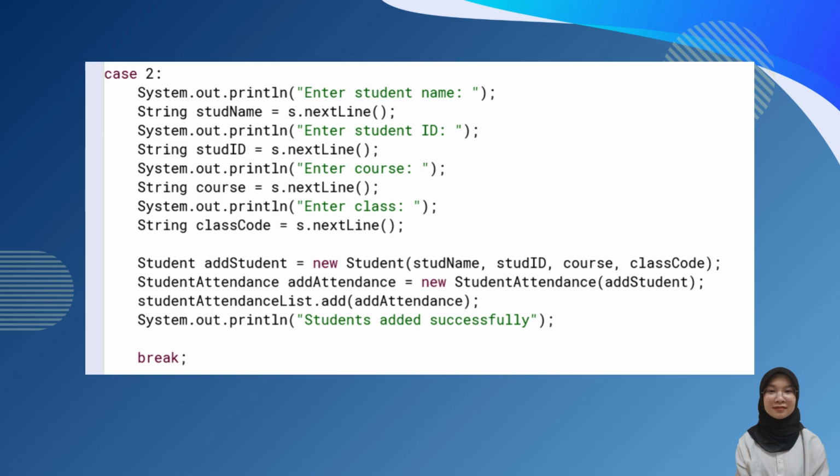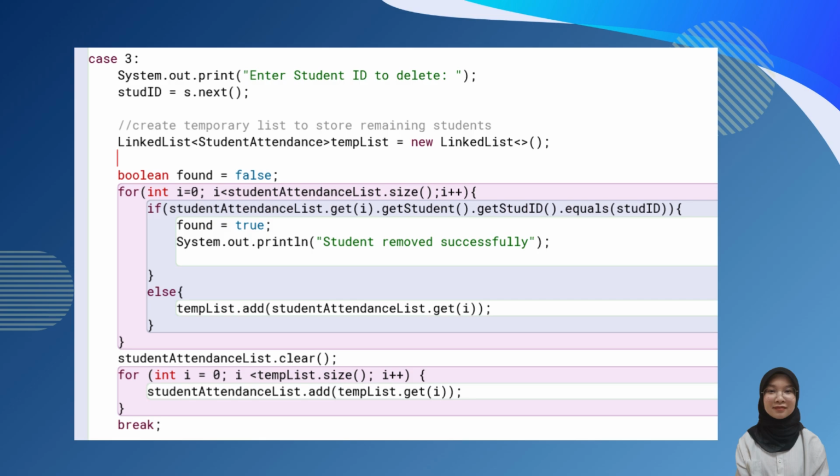After that the program will add the data that was inserted by the user to the student attendance list. Next, for case 3, the program will ask the user to enter a student ID to delete its student data in the list. So first, we will create a temporary list to store remaining students, and then we are able to remove the student with matching ID.